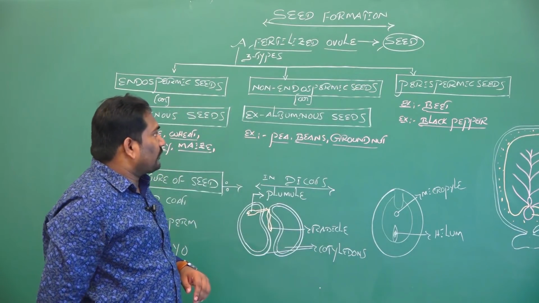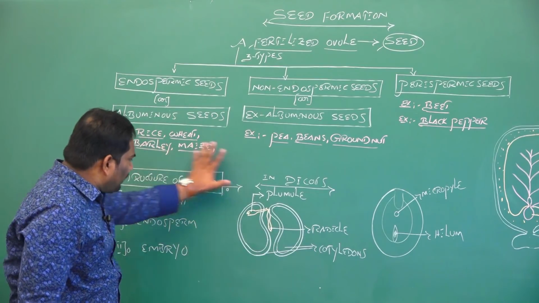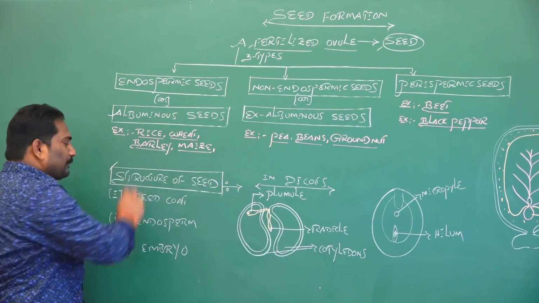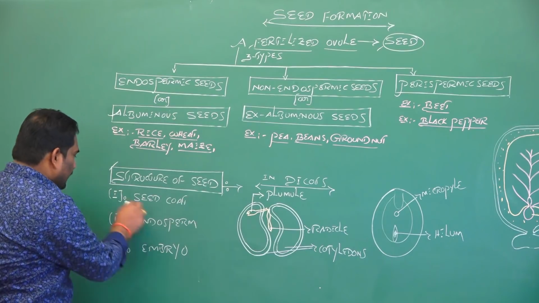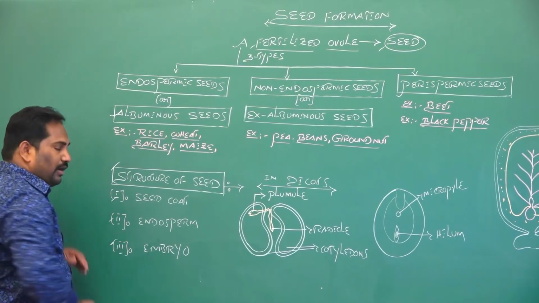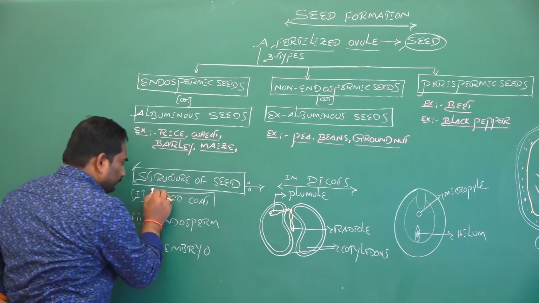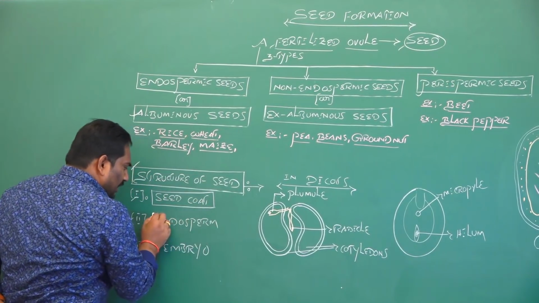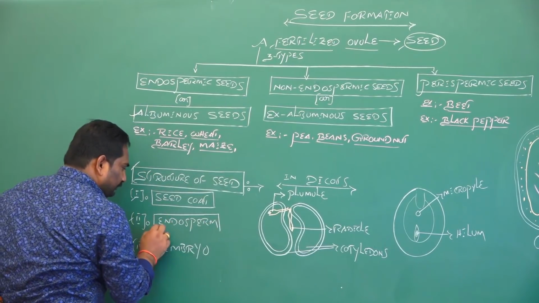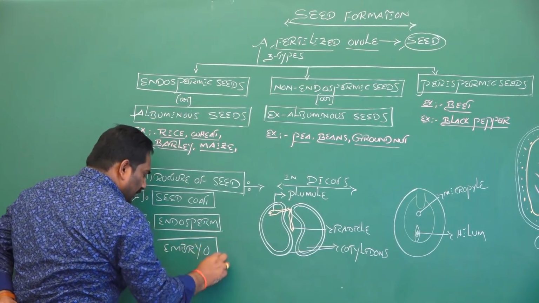And one more, the general structure of seed consists of three main parts, such as seed coat, endosperm, embryo.